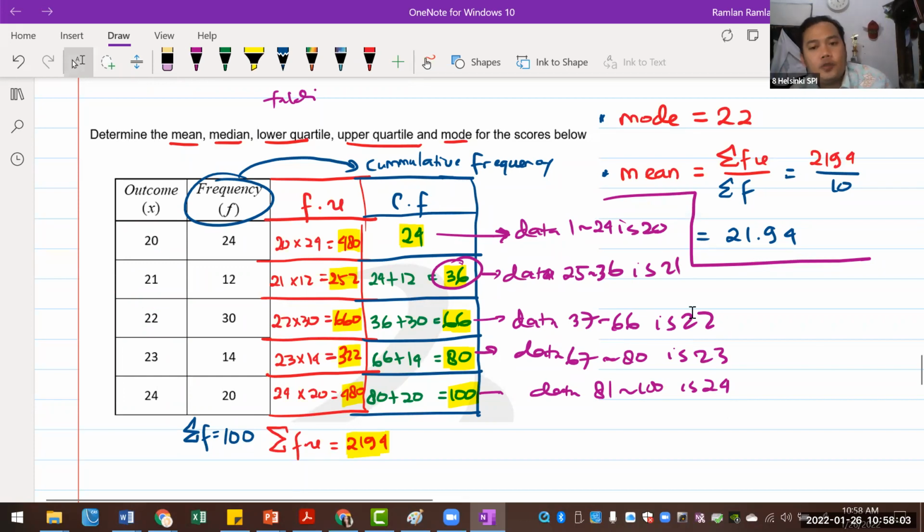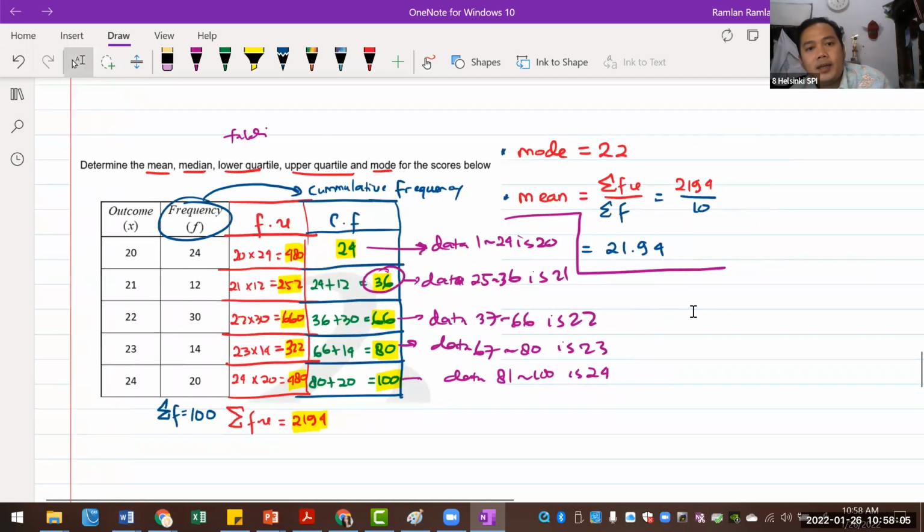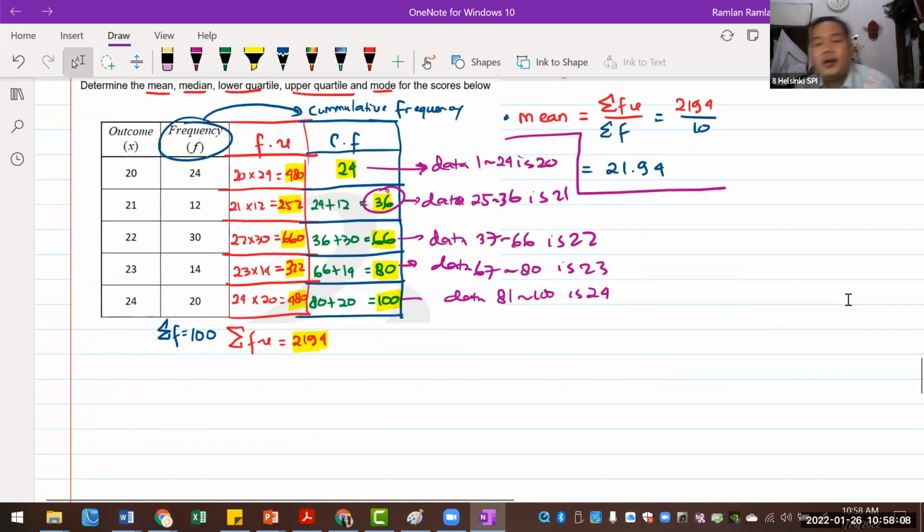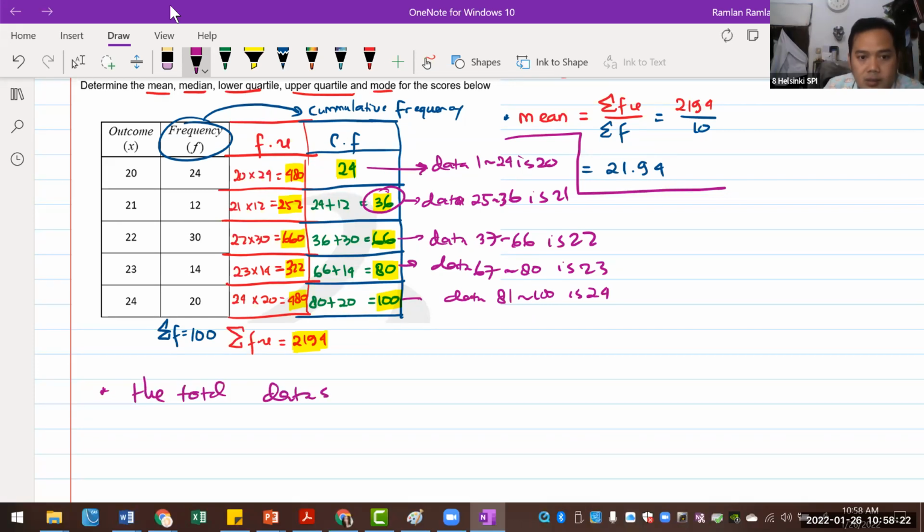So your focus on finding the median and the quartiles is this over here, the total frequency, because we know that the total data is 100, right? So since we know that the median is the middle value, in the middle of that.